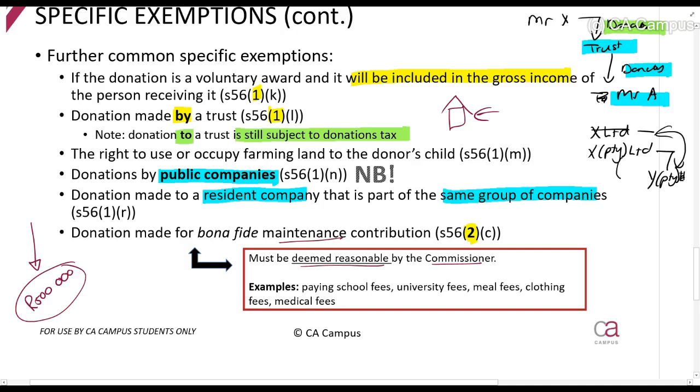It's to live. If I, however, donate the house to my son, so I say, I'm not just giving you the right to stay in it, I'm saying here it's now your property. If I do that, the commissioner will not deem it to be reasonable and there will be donations tax. Because you don't have to give someone the actual asset. It's valuable to own an asset. That is why you can't just give that away.